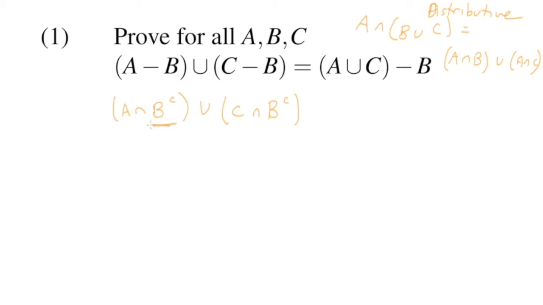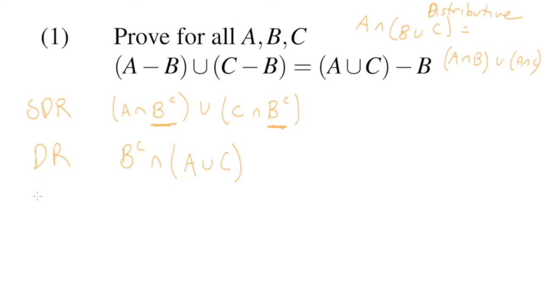We can just factor out the B complement, right? So just copying the format of the distributive rule. So let me write what rule we use. So this was the set diff rule, and this is the distributive rule. So we've got B's complement intersected with both sides of the union, so we could just extract B's complement out and just have the union of A and C.